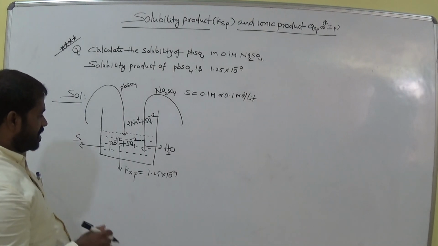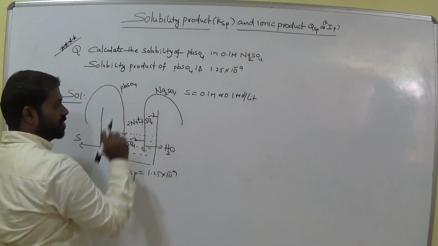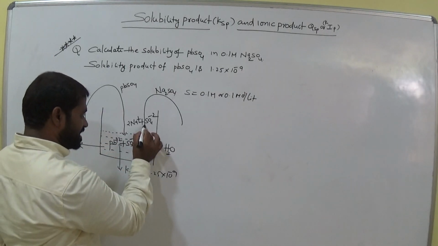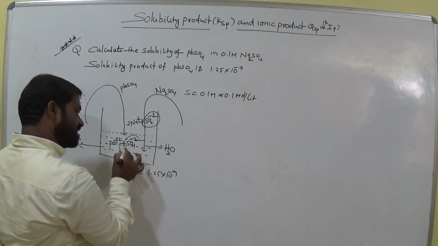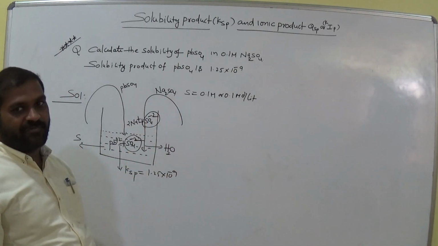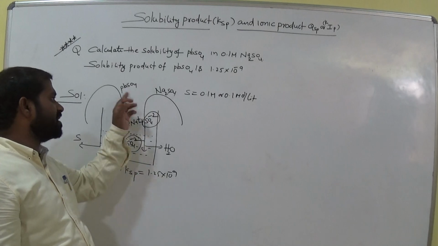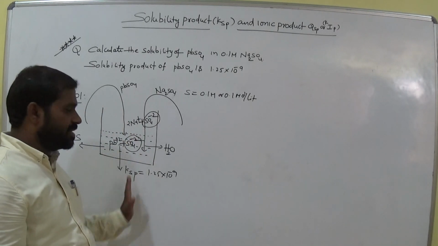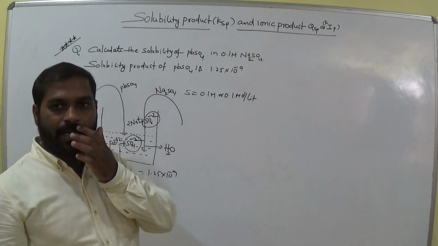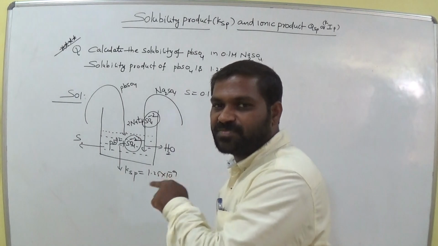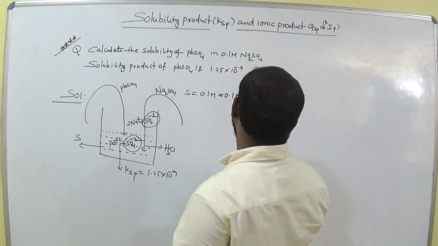Clear? Now if you observe in both components, one common ion is there, that is SO4 minus 2, present in sodium sulfate and in lead sulfate. Then what is the common ion here? SO4 minus 2 is the common ion. Is it clear, all of you? That means which effect takes place here? Common ion effect takes place.